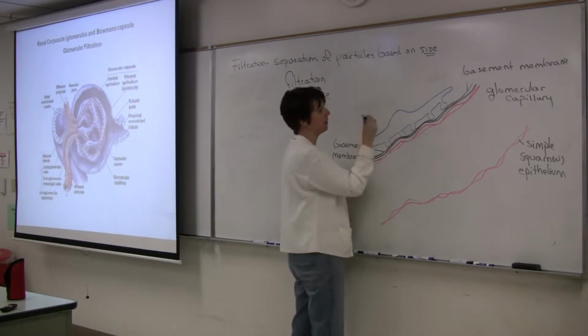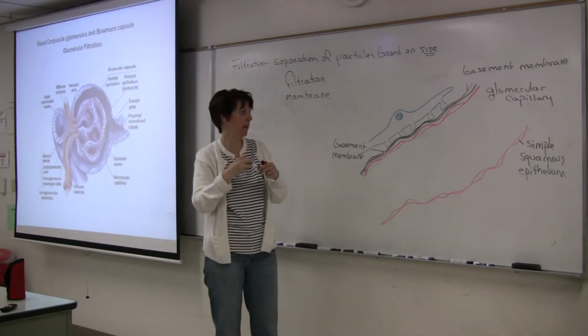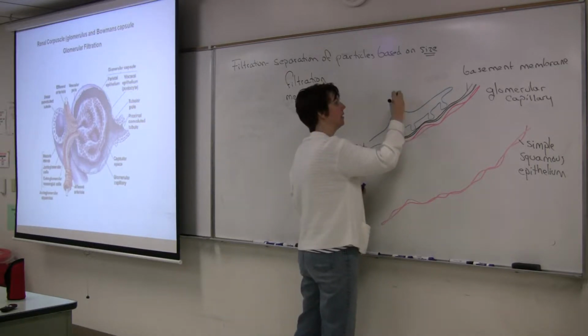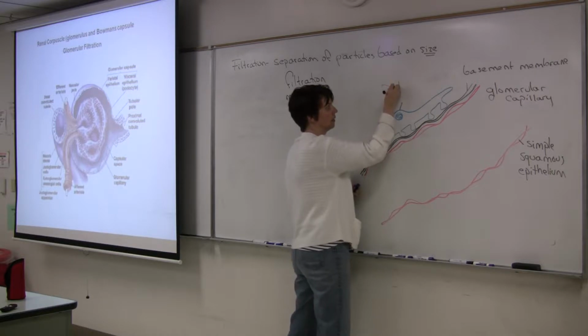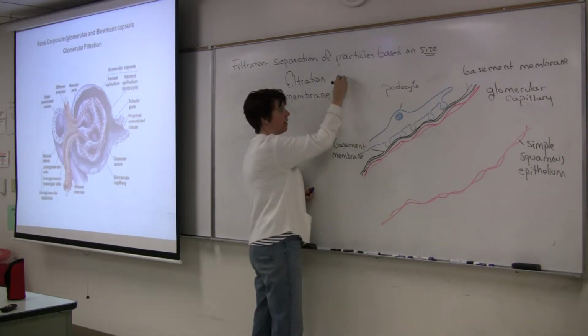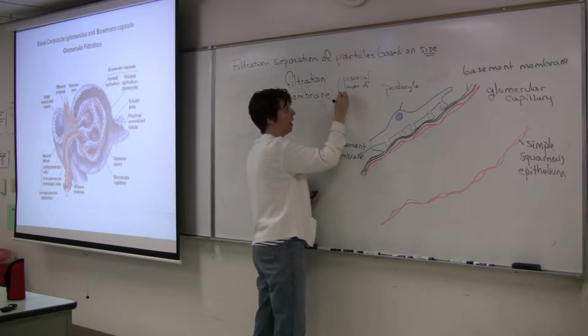And this special epithelial cell that's covering the capillary and wrapping around it is known as a podocyte. So that is formed of the cells that form the visceral layer of the Bowman's capsule.